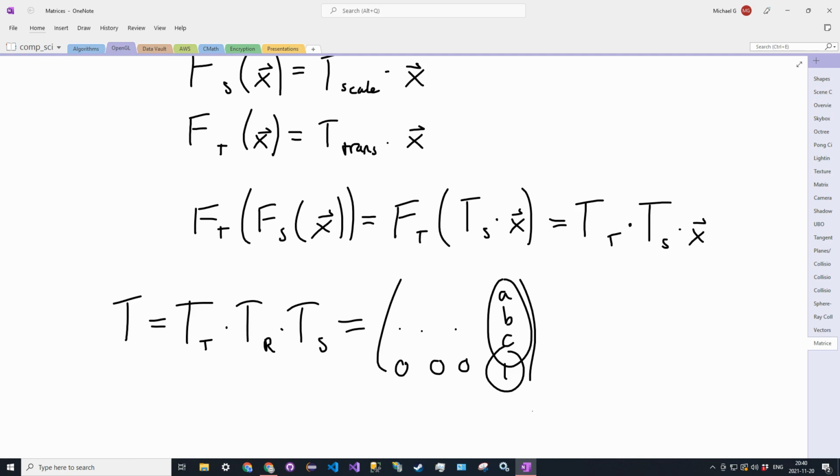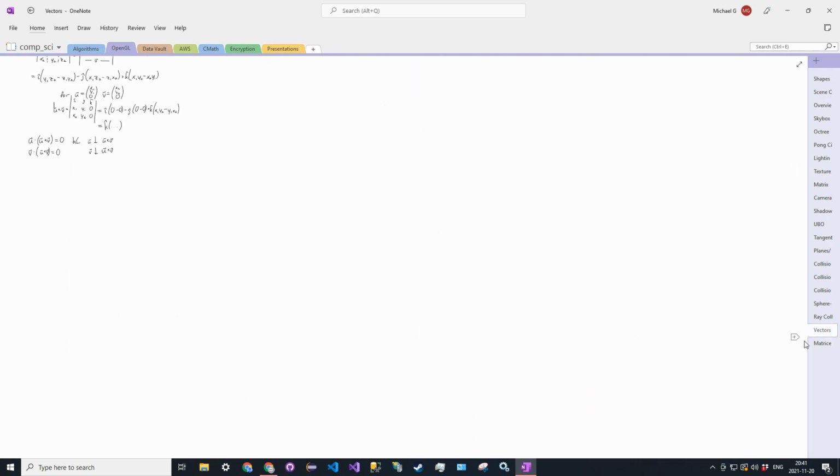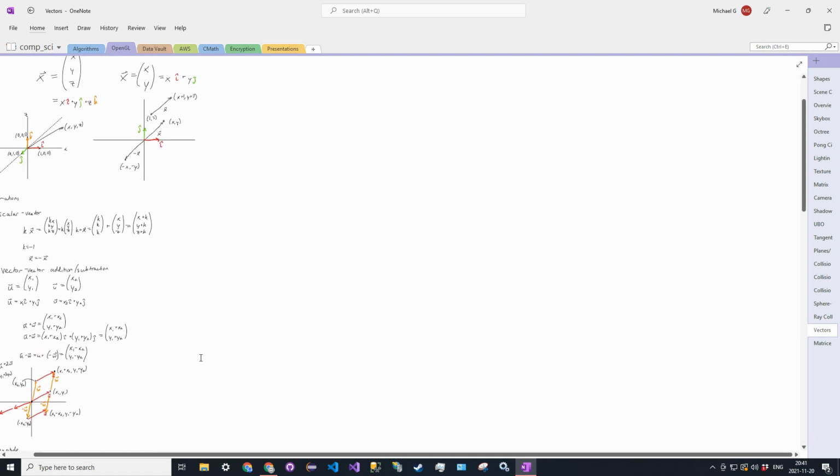Okay, so that's a crash course on matrices, and that concludes our math crash course. Next, we're going to be installing our mathematics library GLM, and then we'll be looking at some of the code, translating the stuff that we've done with the matrices and the vectors into code, and printing out the results.